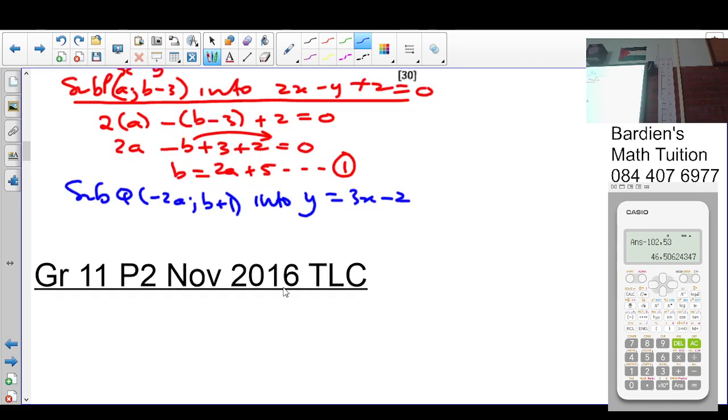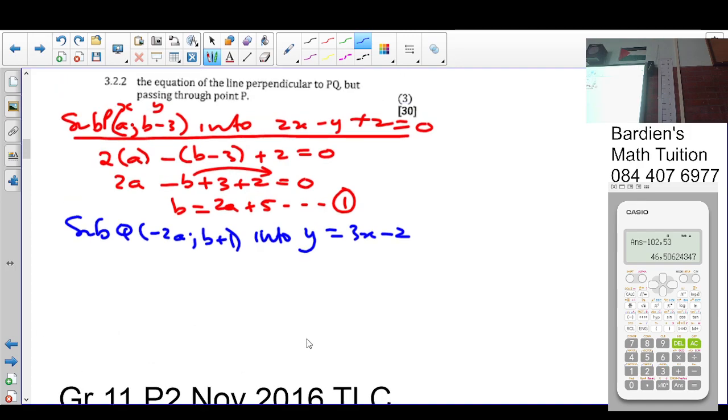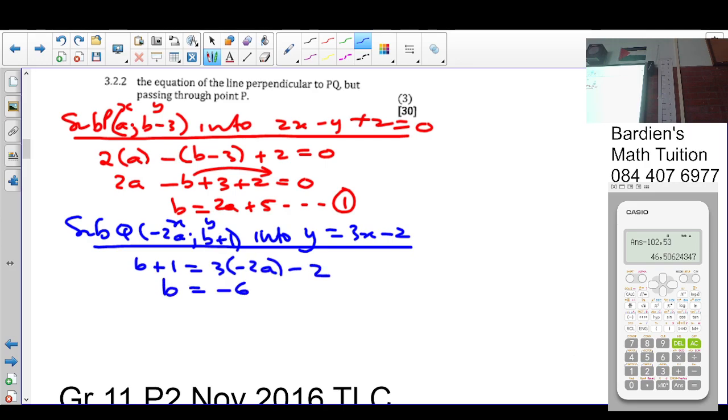By doing that, we say that's an x and a y again. So b plus 1 is equal to 3 times a, which is negative 2a, minus 2. So b is equal to negative 6a minus 3. Now this is equation 2.